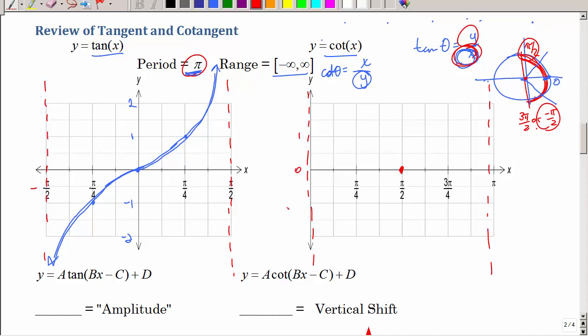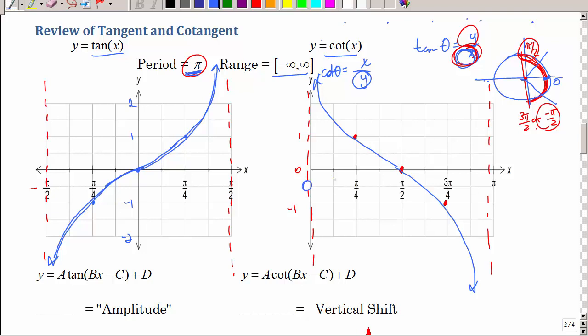The cotangent of pi over 4 is positive 1, and at 3 pi over 4 it is negative 1. So you should get a graph that looks something like that.